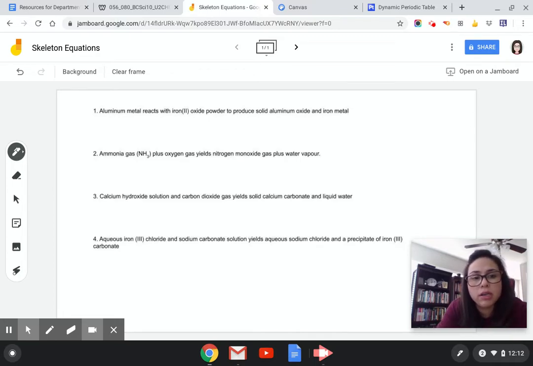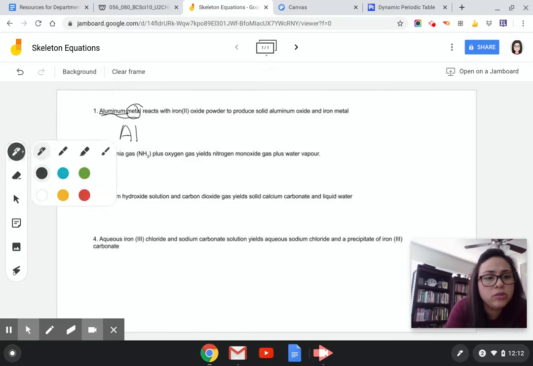So number 1, it says that we have aluminum metal. And because a metal is describing a solid, we are going to put the state of matter as a solid. So for aluminum, we're going to put Al, that's the symbol of the metal.